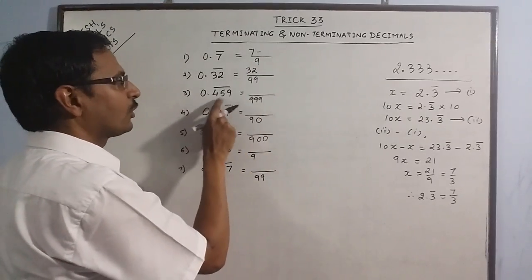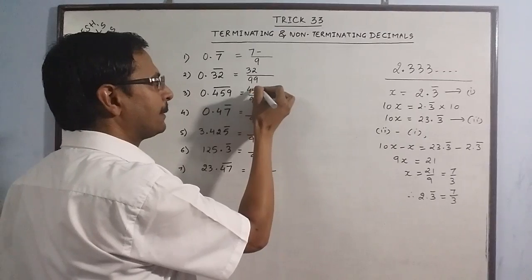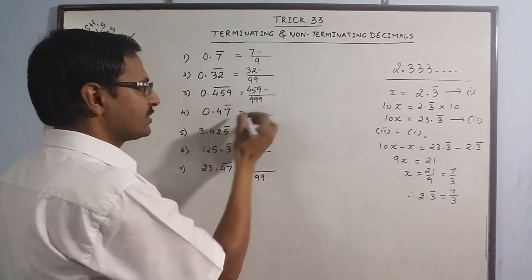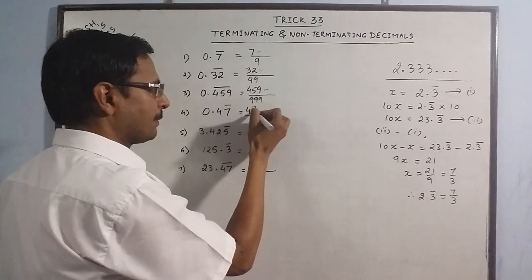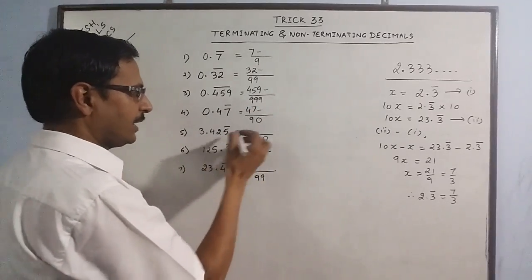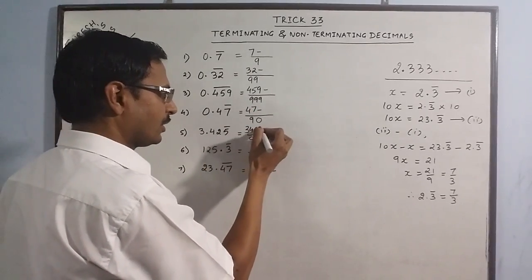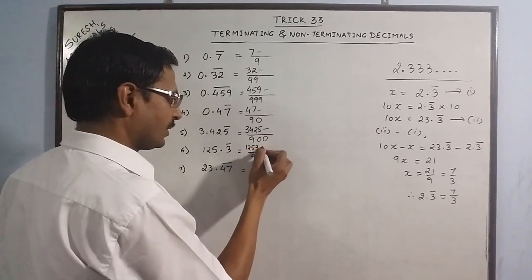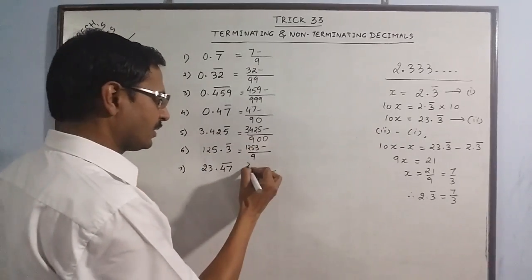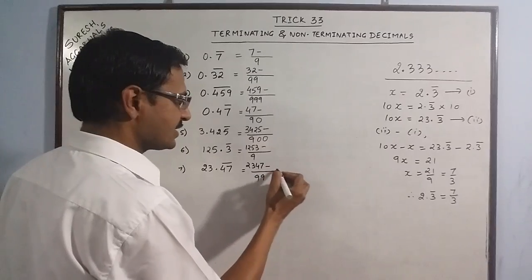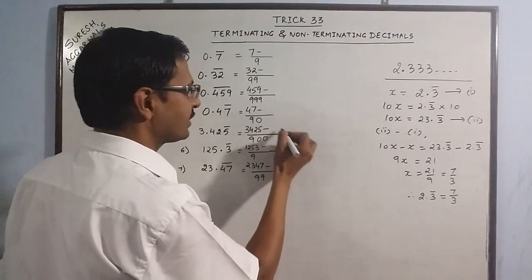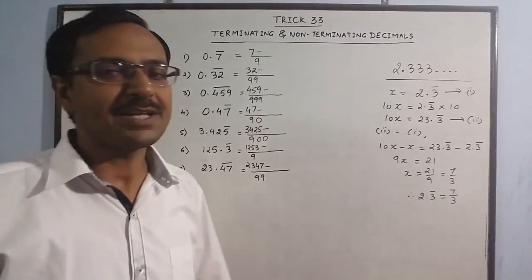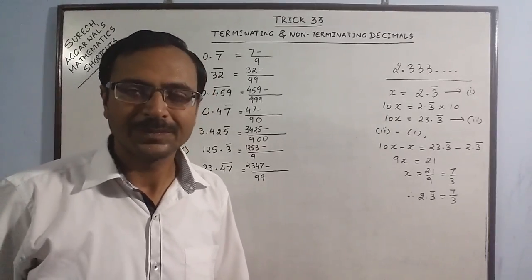Here we have 0459, so 459. And we put a minus sign after that. 047, so 47. 3425, 1253, 2347. So this is the first part of our answer. We have taken all the digits irrespective of the decimal place and the bar.